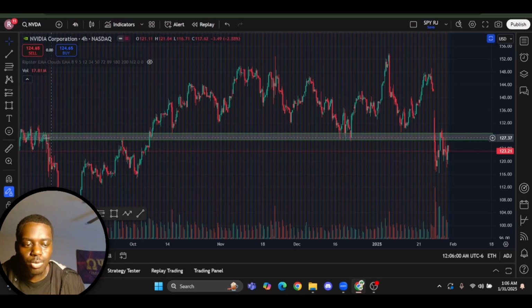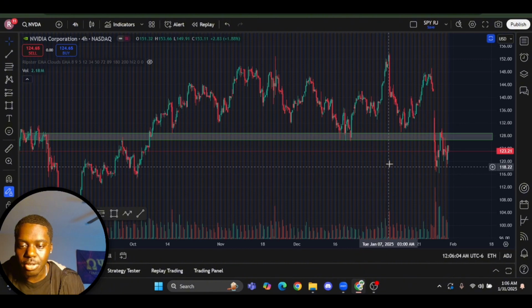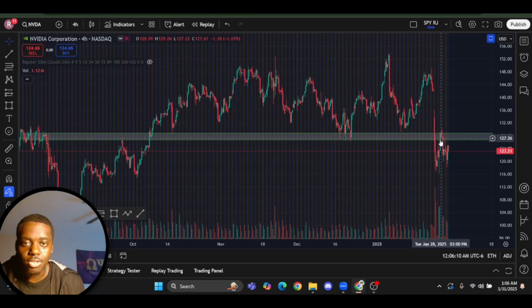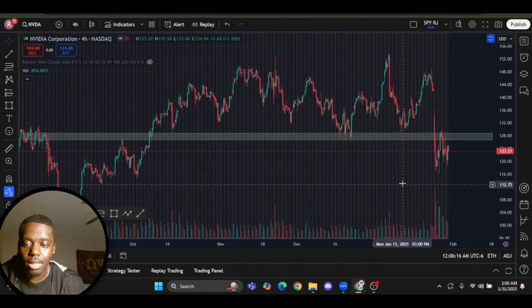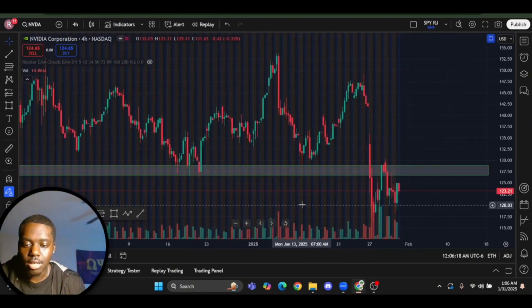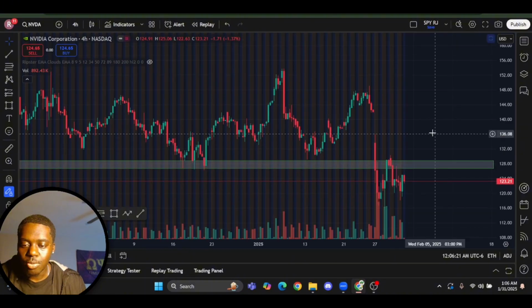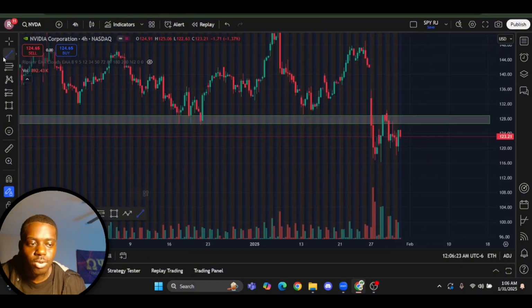So it was an area of resistance here, support here, support here, support here. And now that we got under the level, this same area was a resistance. Okay? So it had already rejected before it opened up today.